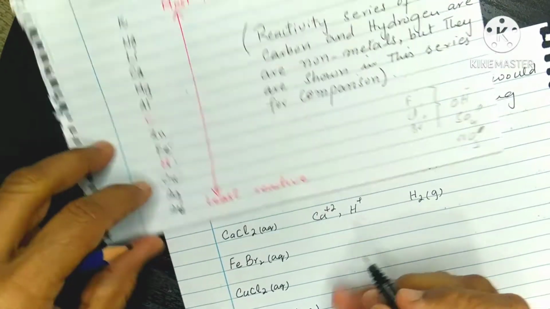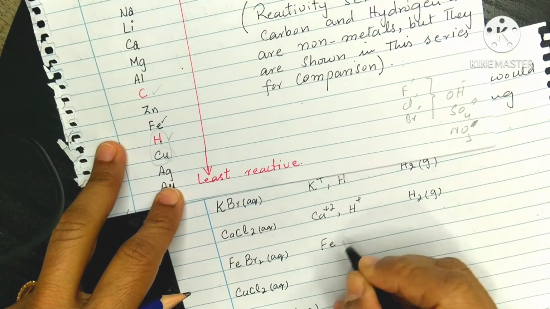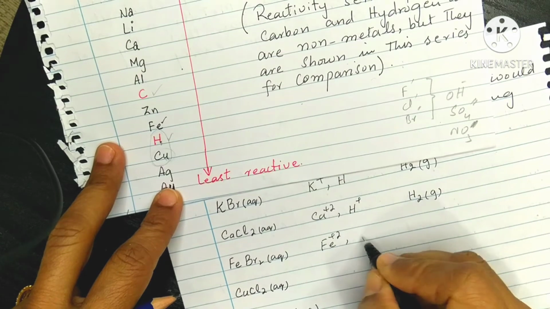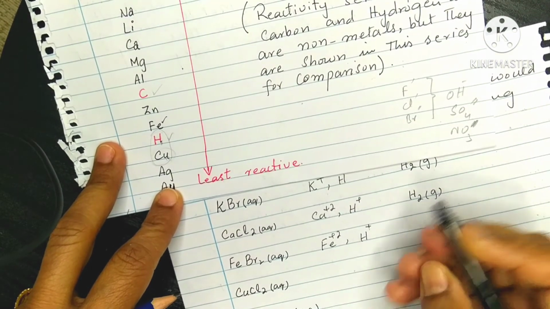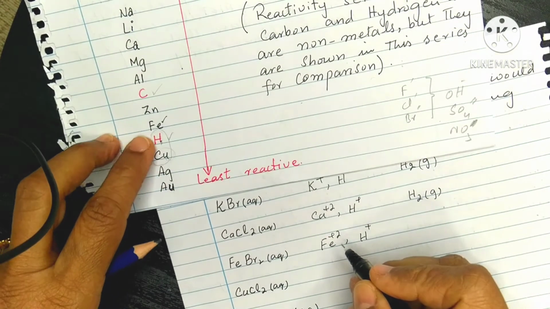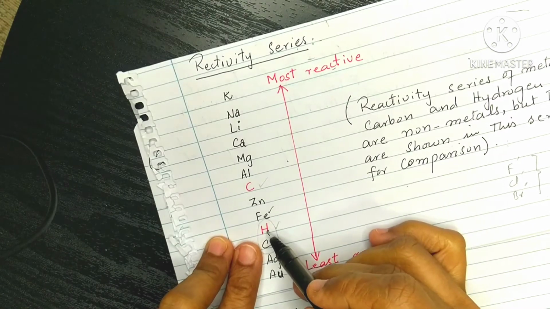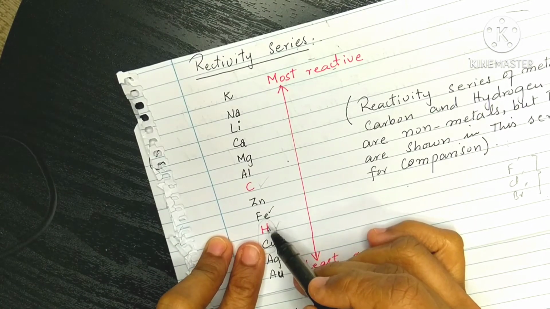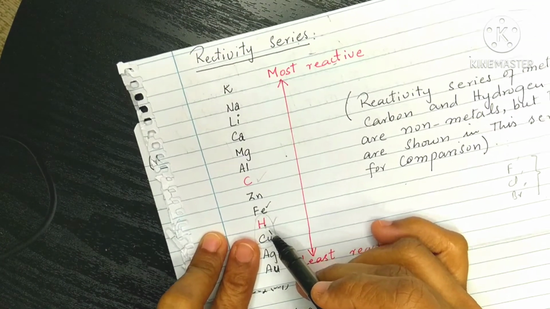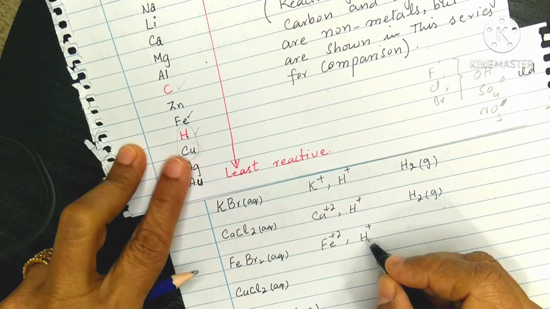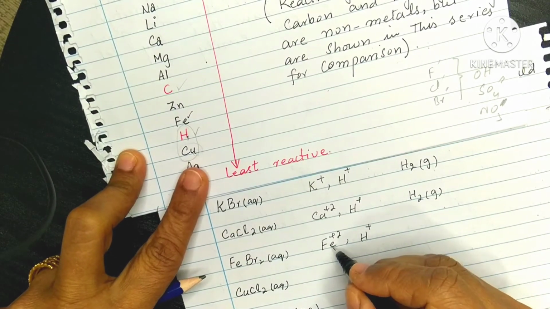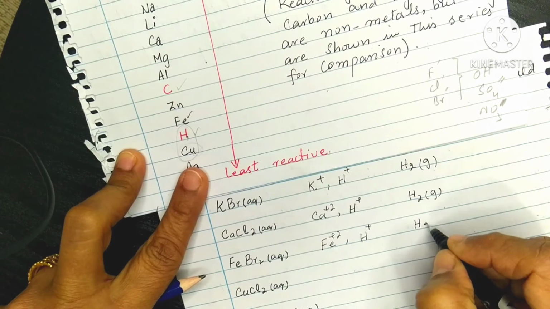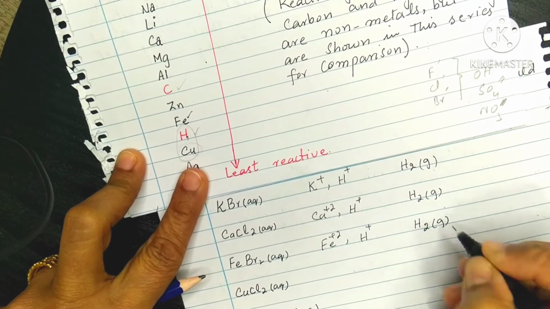Here also, iron. In the case of iron and hydrogen, iron is above hydrogen. Hydrogen is less reactive compared to iron, and hydrogen will be released at the cathode and iron will remain in the solution. So at the cathode, hydrogen gas will be released.